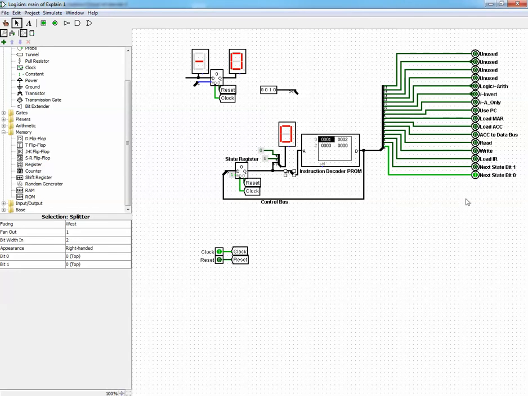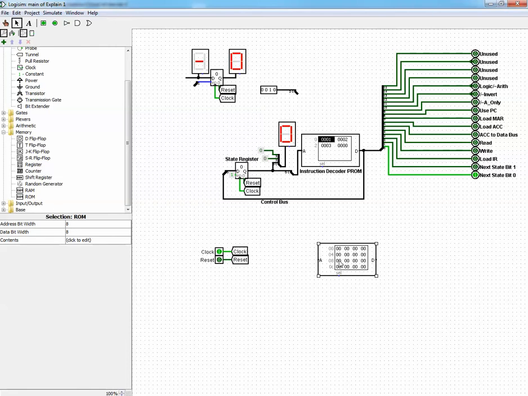Okay, so what are we going to do? We're going to build a ROM. The ROM is something that we have studied before. ROM is built from the memory, and you can pretty much use the ROM. You decide how many address bits it needs, and how many data bits.